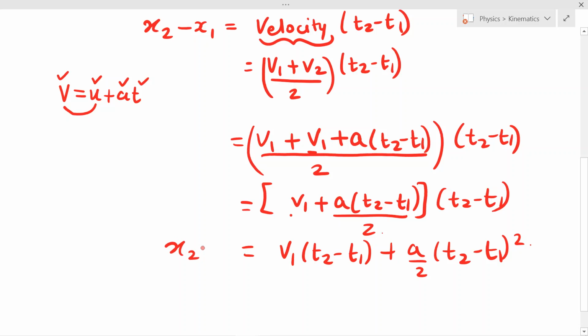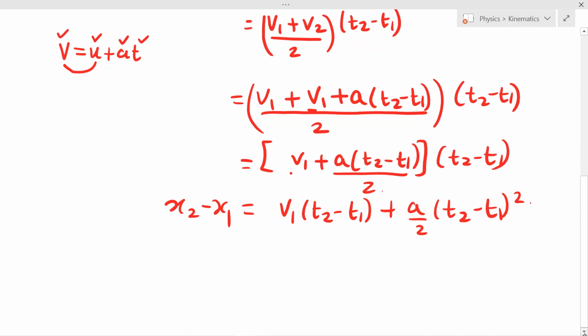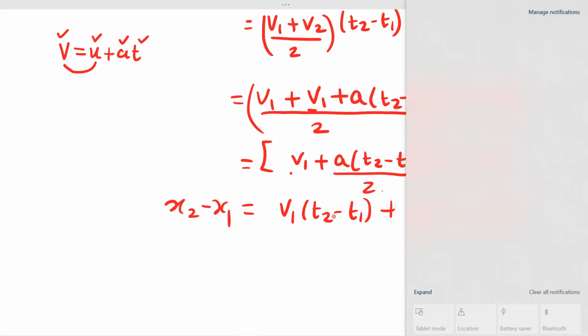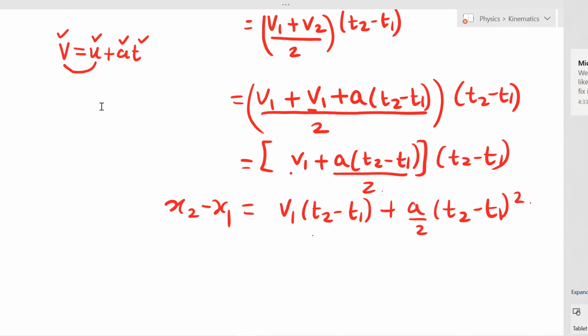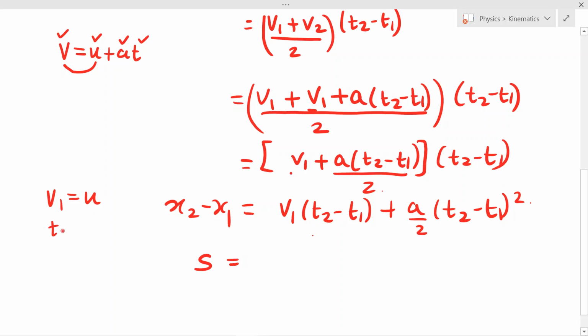So this is x2 minus x1. Now let's say x2 minus x1 is s, and let's assume that v1 is equal to u, that is the initial velocity, and let's say time instant t1 is equal to 0 and t2 is equal to t. So this becomes ut plus half at square upon substitution.